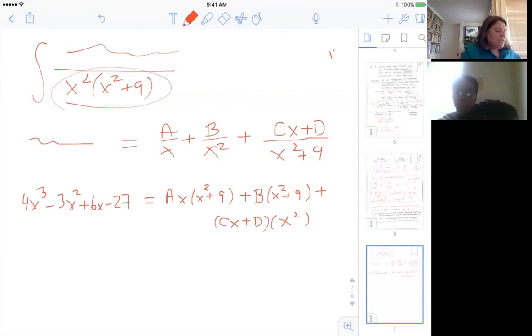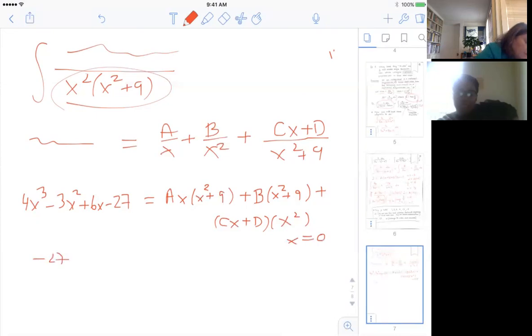Okay, now, here's the thing. There's not much to let x be here that'll drop it out. X equals 0 is the only thing that's going to drop anything out. If you let x equal 0, on the left-hand side it'll be minus 27.